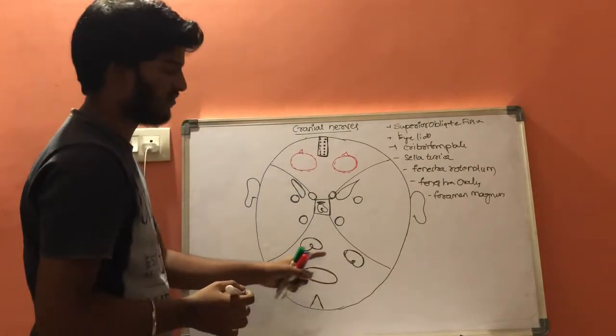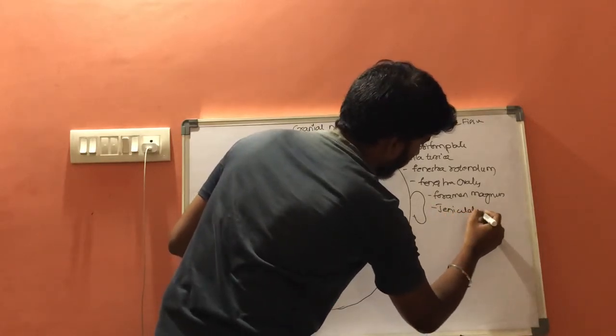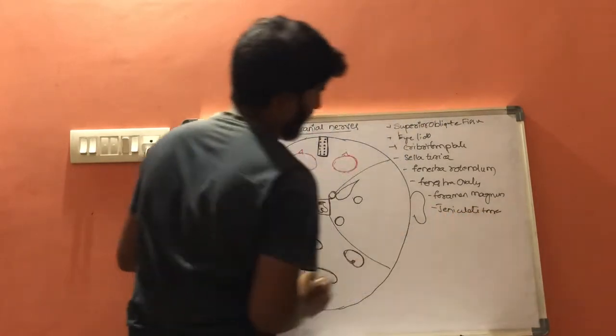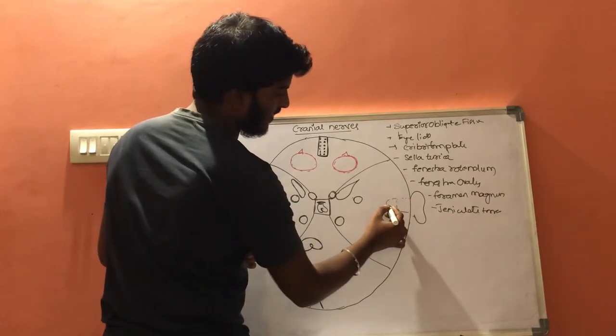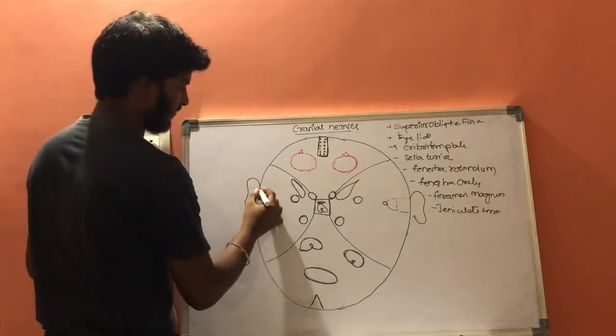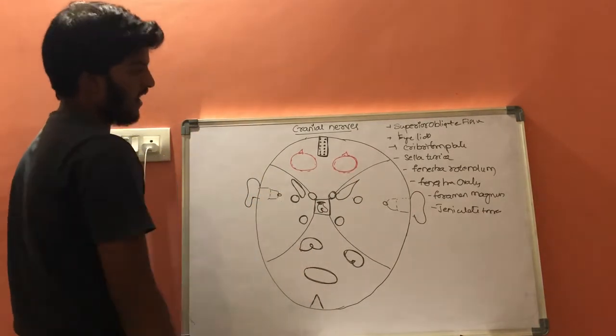And here it consists of the geniculate foramen, and it also consists of the ear, external ear and inner ear.